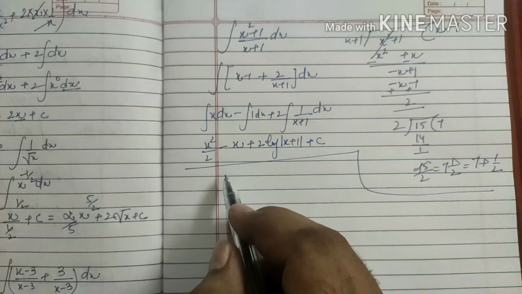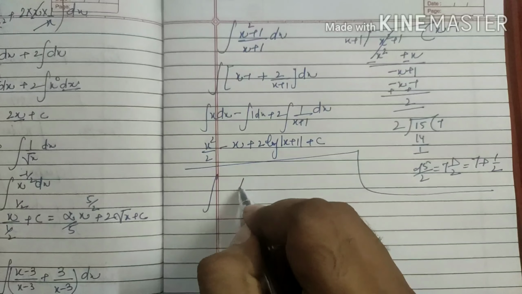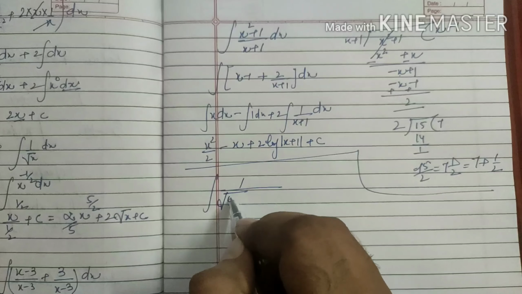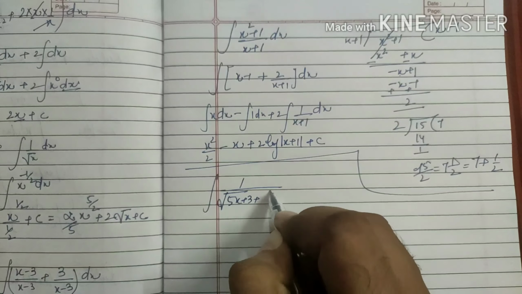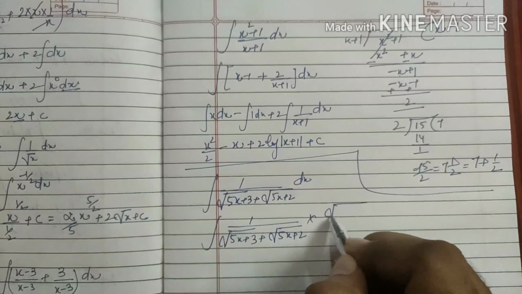Another case we are now going to take is whenever we have square root terms like this, 1 upon square root of 5x plus 3 plus square root of 5x plus 2. As you know, in the case of irrational numbers, we use the rationalization process. So the same we are going to apply here. Rationalize it first.